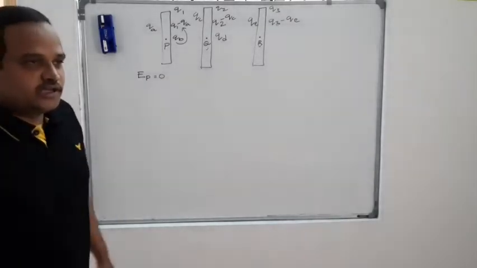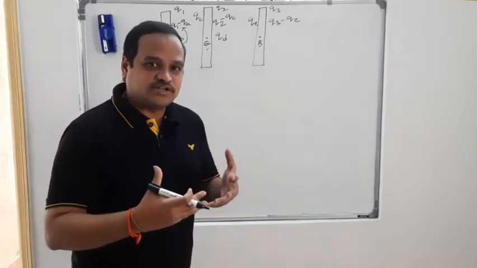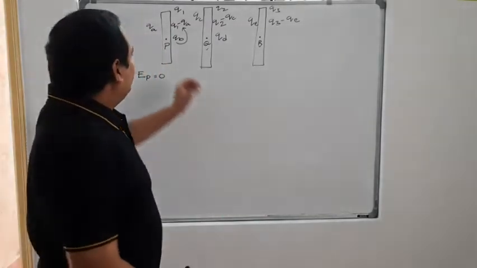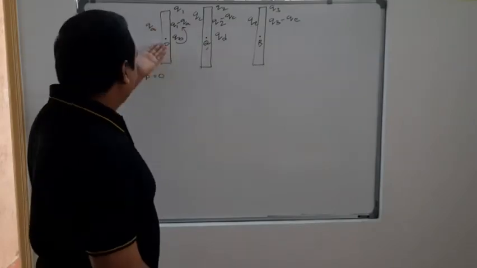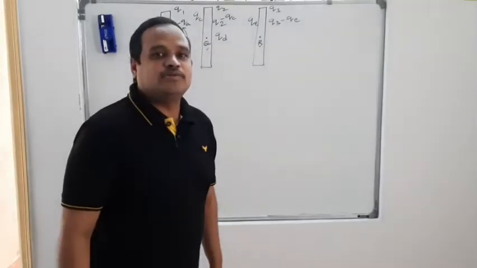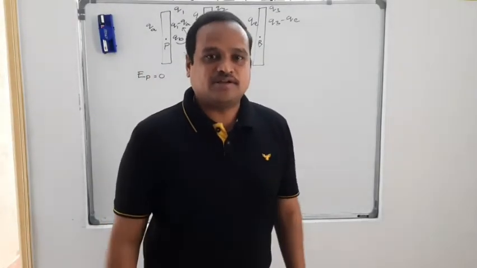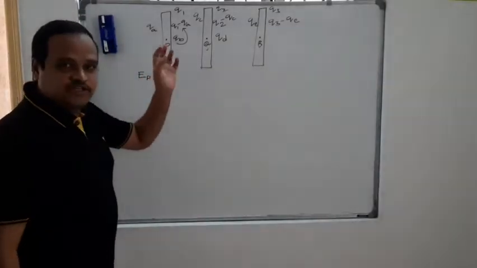Why? Because charge given to a conductor will always reside on its outer surface. So if I give a charge Q, it will be accumulated only on the outer surface. There will be no charge inside. If there is no charge inside, definitely the field inside will be 0, right? So according to that, the electric field at point P will be 0.